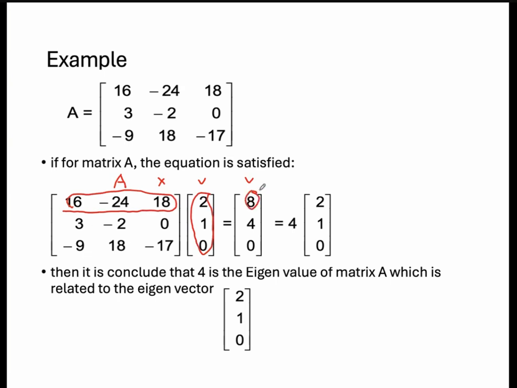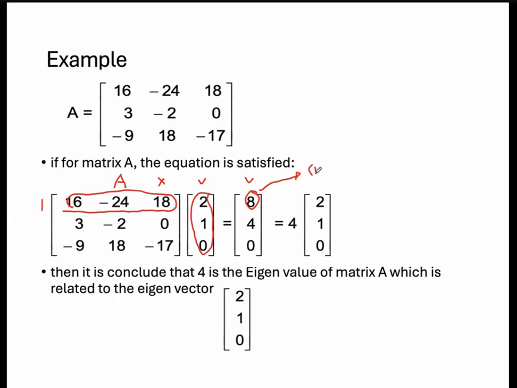So in the result on the right hand side, we have value 8. This results from multiplying the first row with this column.